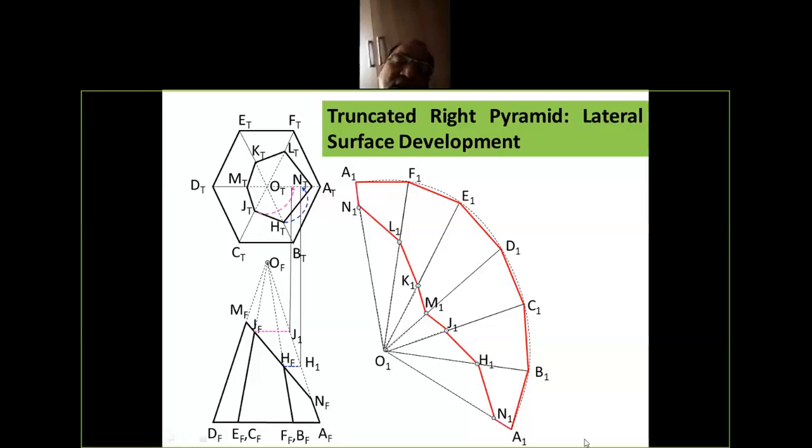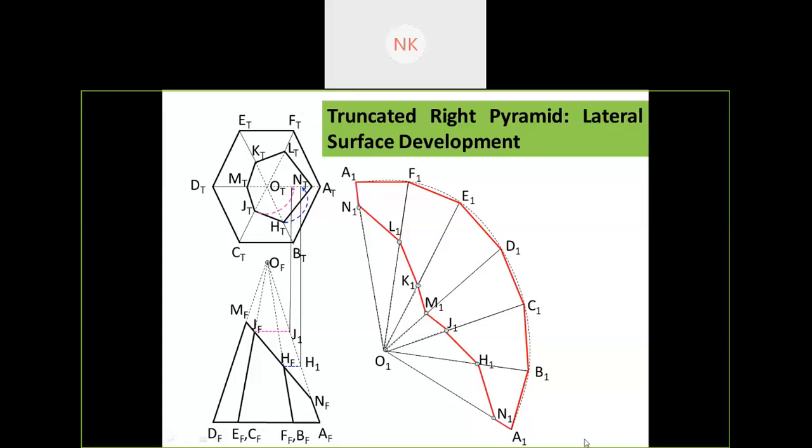A1 N1 length we have taken by divider, and A1 N1 is taken on the other figure. On 1 A1 we have cut A1 N1. Similarly, we cut B1 H1.